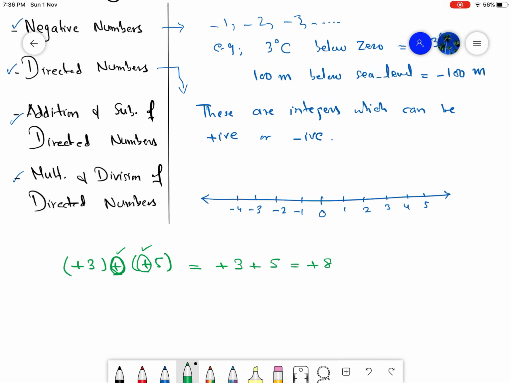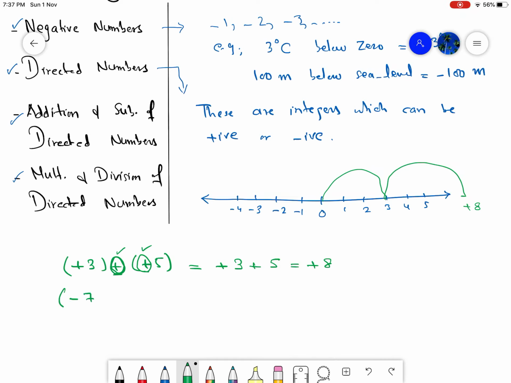You can use a number line if you want to: +3, and then another +5, and you will land on +8, right? So a number line is a useful way also if there are any confusions in working out with directed numbers.